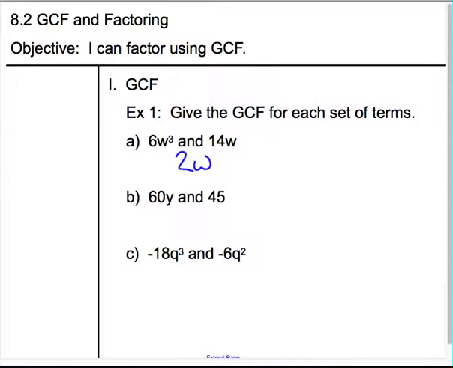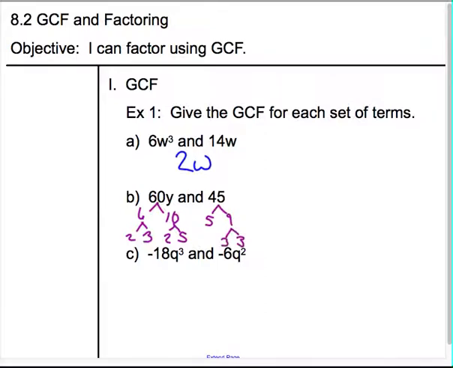Second example, I need to find the GCF for 60 and 45. Again, if this isn't one that you just know off the top of your head, start taking a look at the factor tree. And you can use any two numbers that you know multiply to 60. Probably most of you might initially think 6 times 10, so we can take a look at those two. And then 6 is 2 times 3, and 10 is 2 times 5. So again, you stop once you've got all prime numbers. 45 you might recognize as 5 times 9, and 9 is 3 times 3.